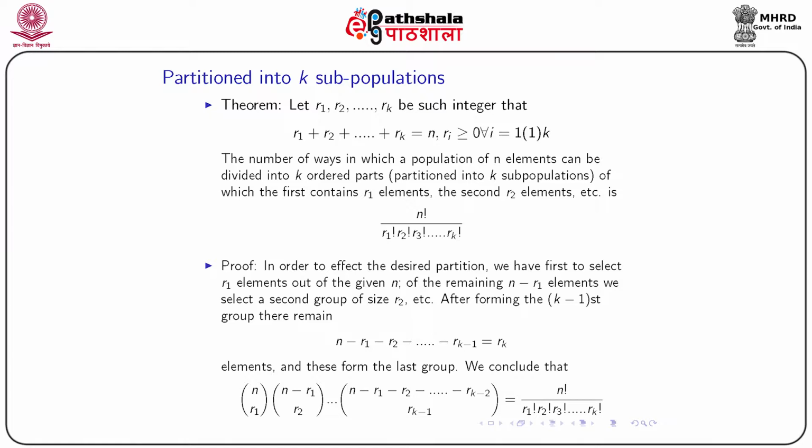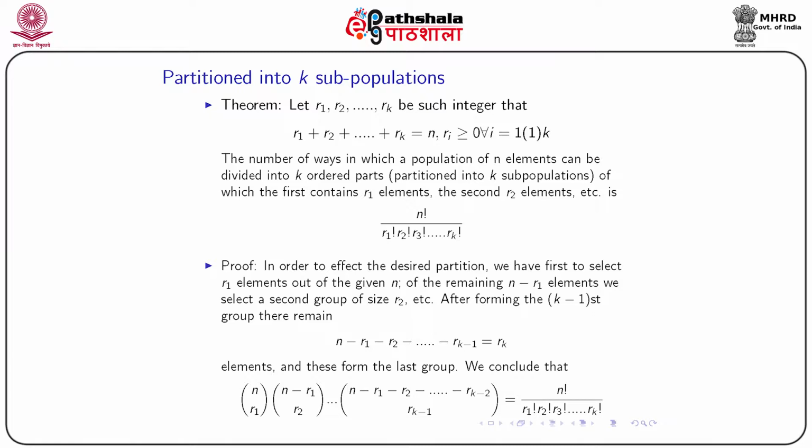Now if I take the product of all these choices, nCR1, n minus R1 C R2, n minus R1 minus R2 C R3 and so on, and lastly n minus R1 minus R2 minus ... minus Rk minus 1 C Rk, and do this manipulation, we will be left with n factorial over R1 factorial into R2 factorial into R3 factorial into Rk factorial.